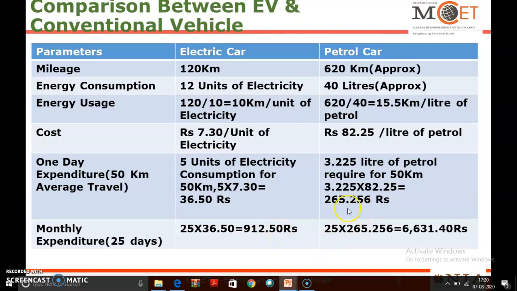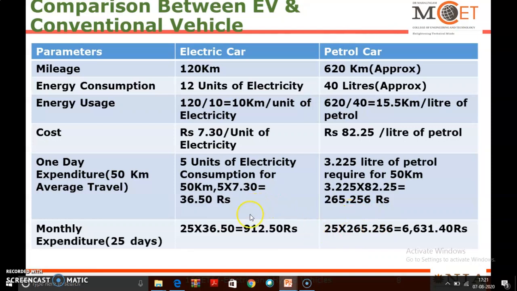Similarly, the 1 day expense for the petrol car is 265.256, so for 25 days, 25 into 265.256 gives a cost of 6,631.40 rupees.